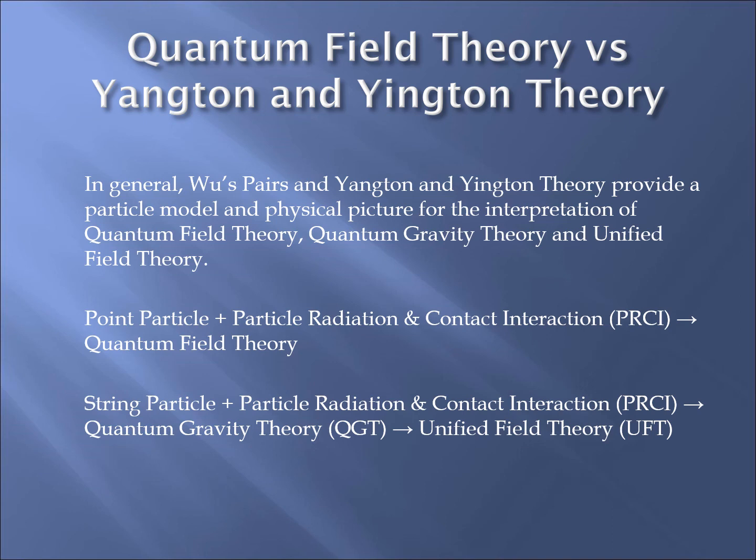Point particle and particle radiation and contact interaction can be used to explain quantum field theory. String particle and the particle radiation and the contact interaction can be used to explain quantum gravity theory and the unified field theory.